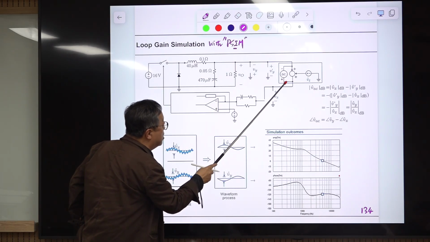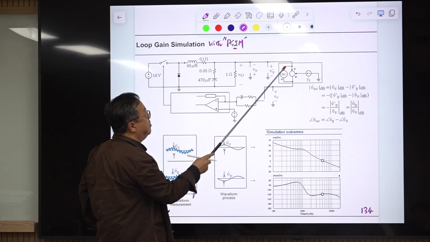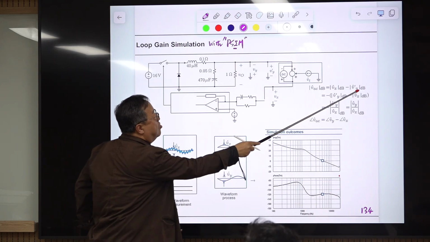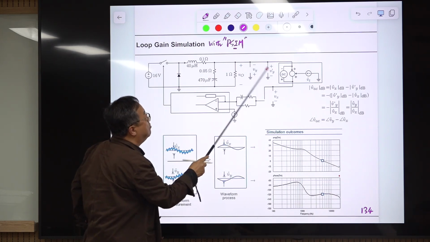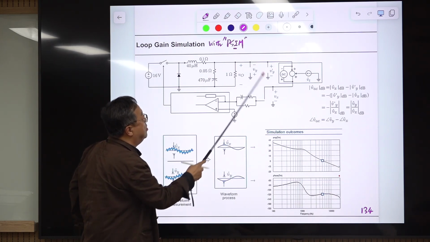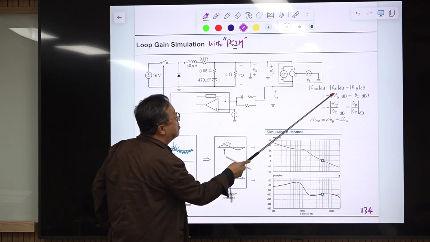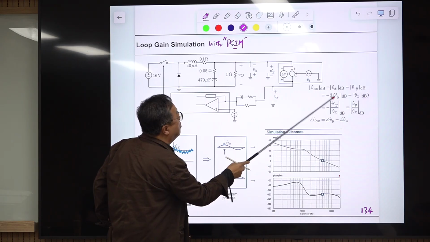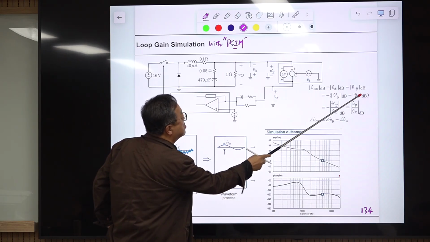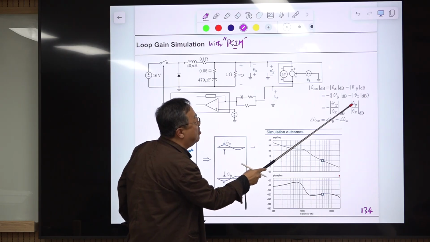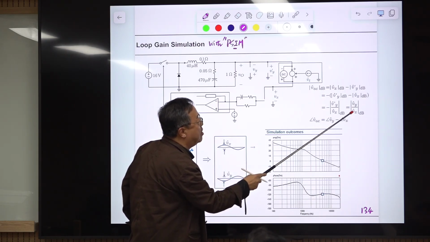The meaning of this plus minus sign is this is positive, this is negative. Vy prime is defined in reverse polarity with this. So minus is coming out here, and this Vy prime is this one. Then this is Vy hat divided by Vx hat.